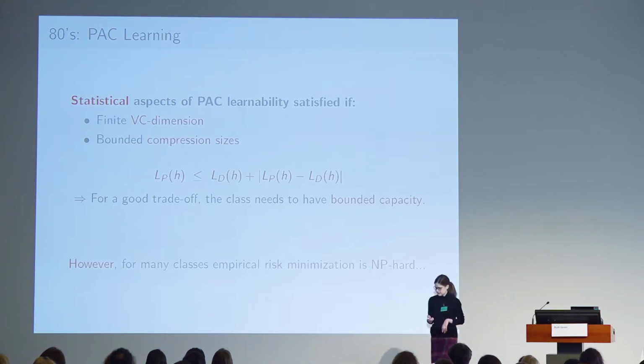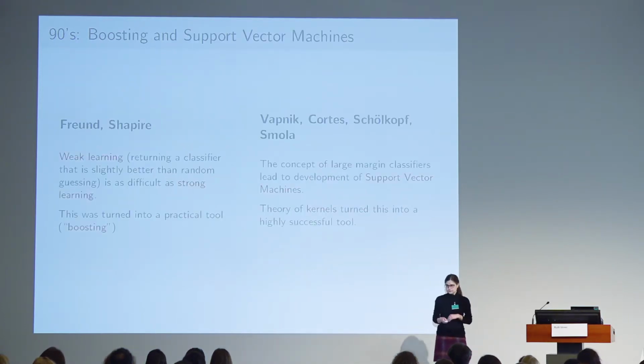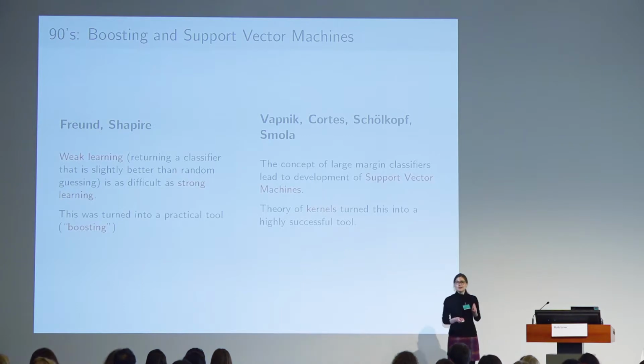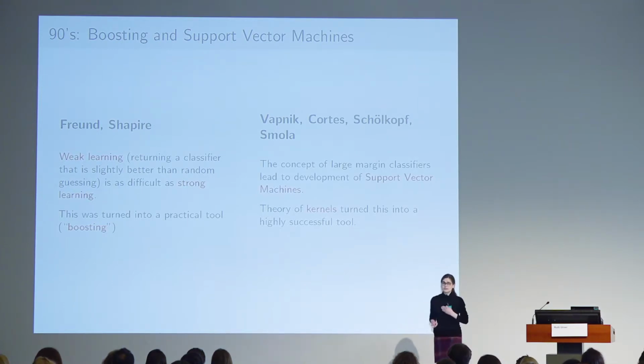And then what Rob Schapire showed is that actually we cannot. If we also have a requirement on computational efficiency, then just learning to be slightly better, by some fixed small gap better than random guessing, is as difficult as learning to arbitrarily small error, right?